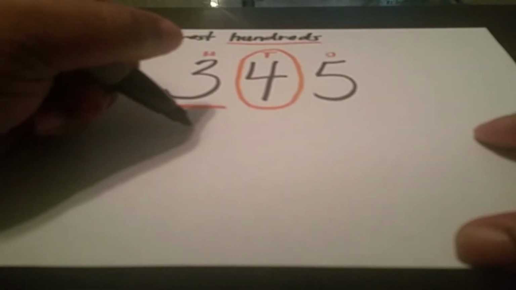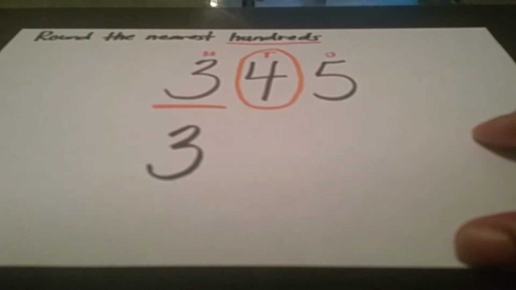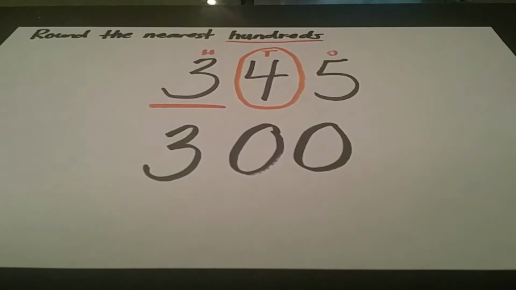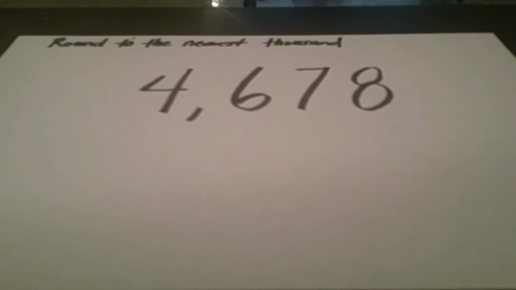And then every number behind the 3 changes to a what? 0, correct. And you're done. It's that simple.